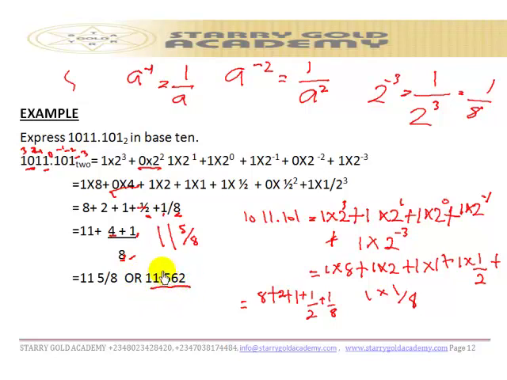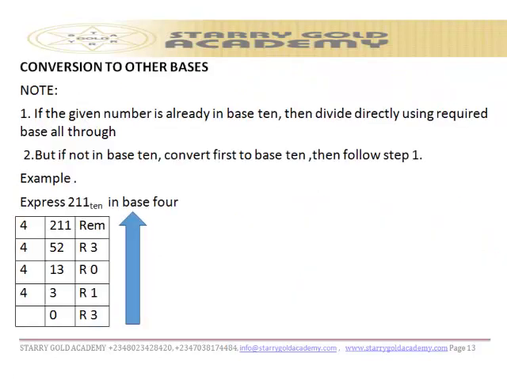So basically, in this expansion of numbers, what's more important is the powers. Target the powers. If you do not miss the powers, then you take cognizance of what you are calculating, and definitely you won't miss the solutions to the problem. So we've been talking about converting to base 10 all the while. Now, how do we convert to other bases aside from base 10?